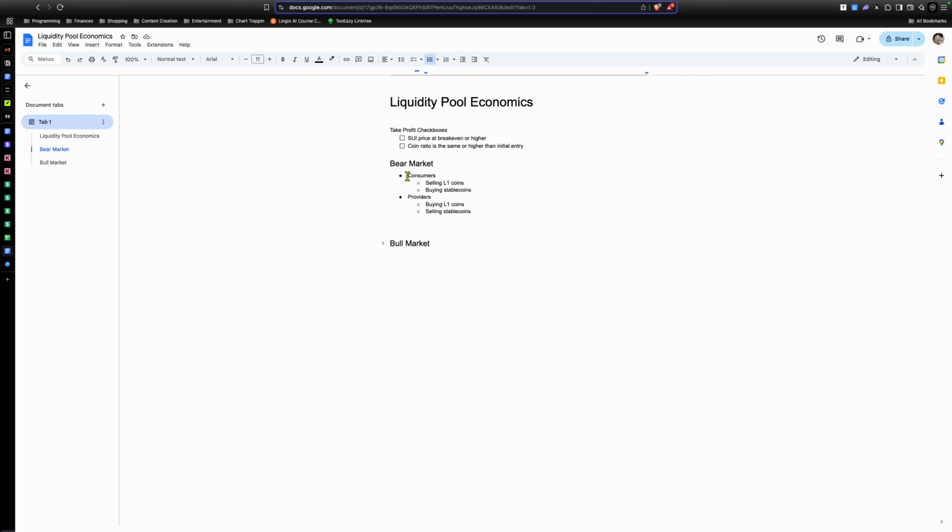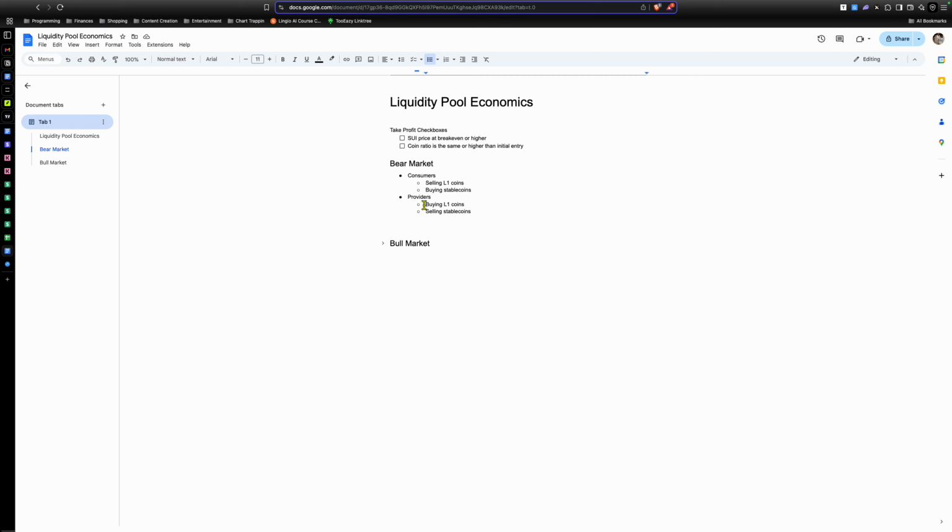So, but let me say providers first, because that's us. We're providers. What's happening is we're buying people's layer one coins, and I put L1 to make it general, because yeah, we're in SWE pools, but all these rules apply to every liquidity pool in general. You could be in the Solana USDC, Ethereum USDC, Tau, like whatever, right? But we in SWE USDC.